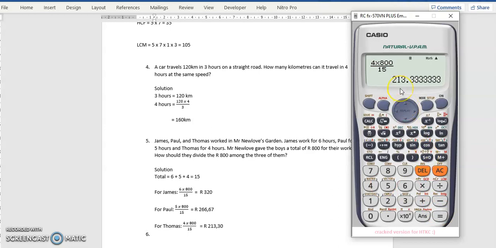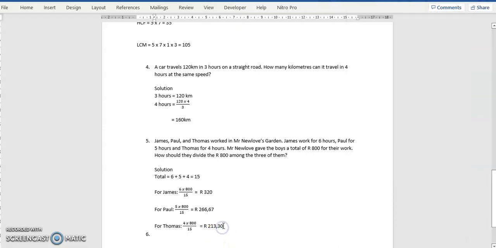Then I'm going to have 313.33. Alright, 33 cents. But if you check this, this is the amount that they must have.